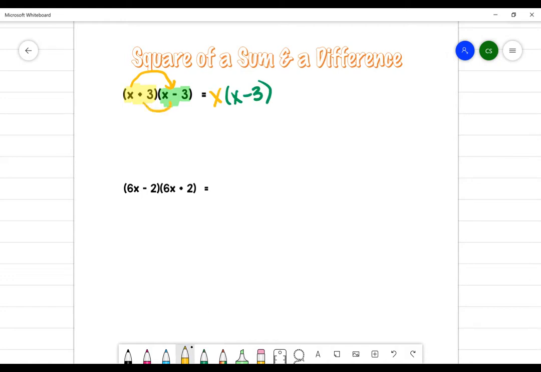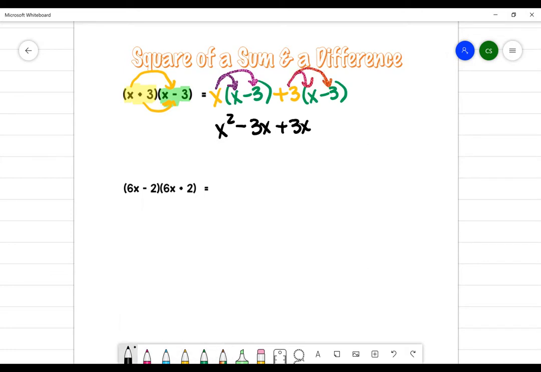And I'm taking a +3 and distributing it to x minus 3. So distribute x times x. How many x's do I have? And -3 times x, -3x. So distribute 3 times x, +3x. And +3 times a -3 gives me a -9.